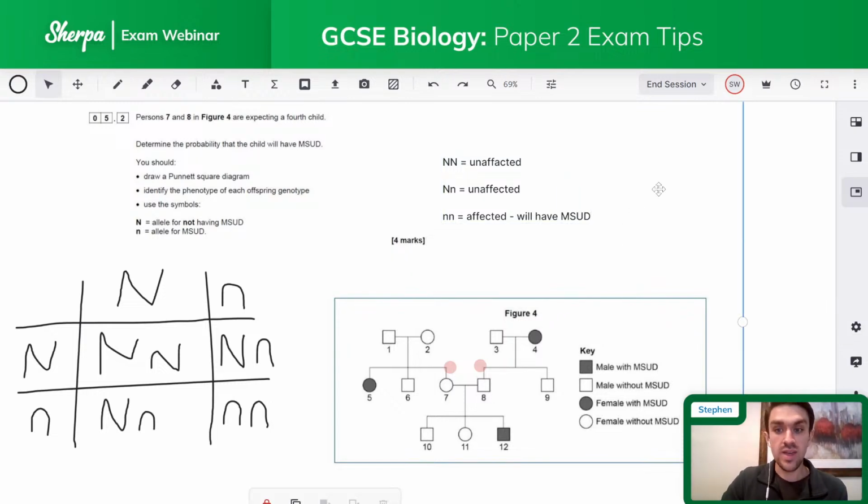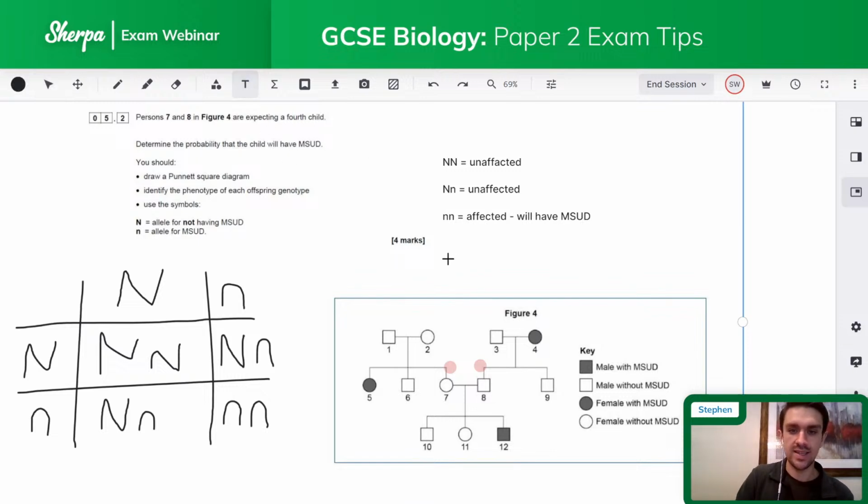All that's left to do then is put out the probability that the child will have MSUD. We can see here that we've got 4 options, so we can just divide 100 by 4 to get 25. We've got a 25% chance that they are homozygous dominant, a 50% chance that they're heterozygous, because we've got 2 heterozygotes here, and then a 25% chance that they're homozygous recessive and therefore will be affected.